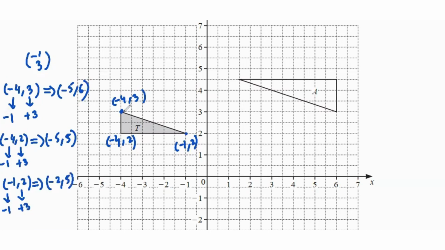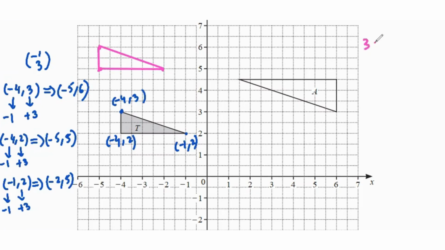So now if we plot these, negative 5 and 6 is going to come over here. Negative 5 and 5 is going to come over here. And negative 2 and 5 is over here. So basically what has happened, we moved 3 units up and 1 unit to the left.